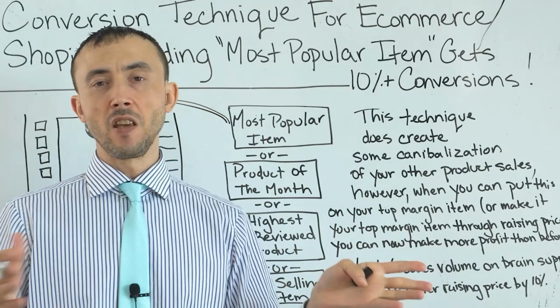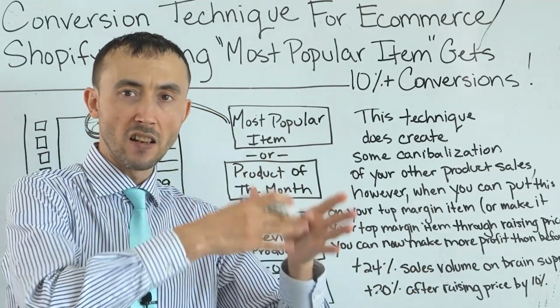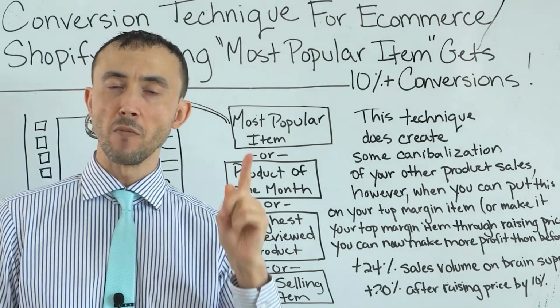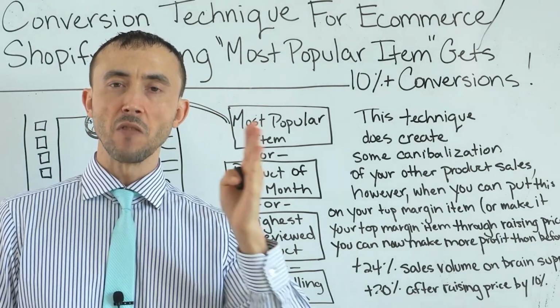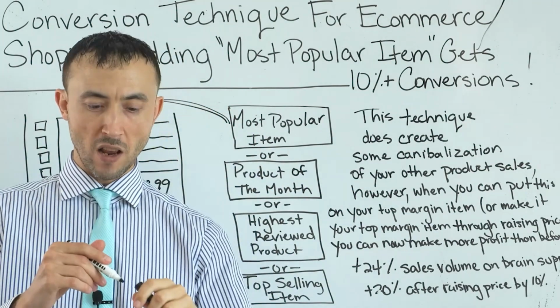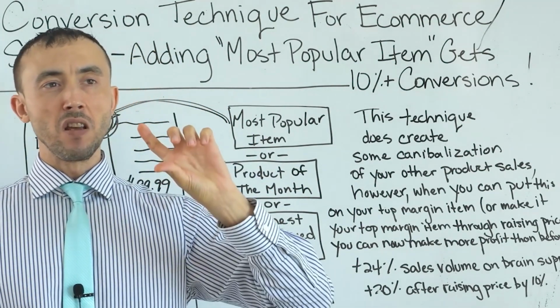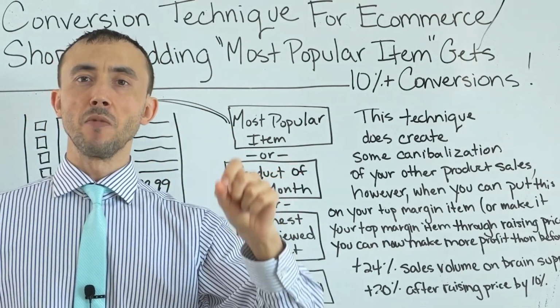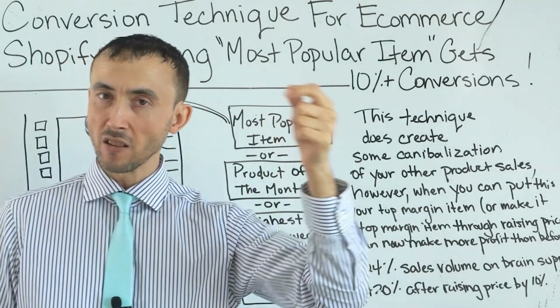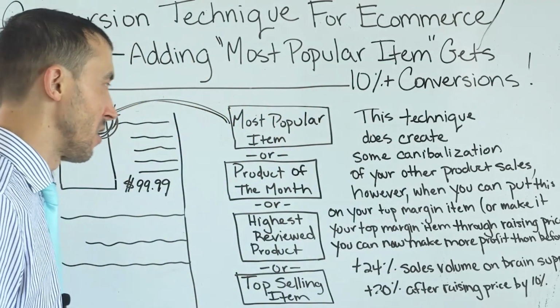If you have 15 pottery wheels you sell, and you add top selling product in that particular spot on your product page on one item, that item is now going to convert significantly better than it was before. It puts you in position to also raise the price on that item. It'd be able to get you more sales on an item that normally has good margins, like I said, but then also you can actually raise the price a little bit most of the time on top of everything else.